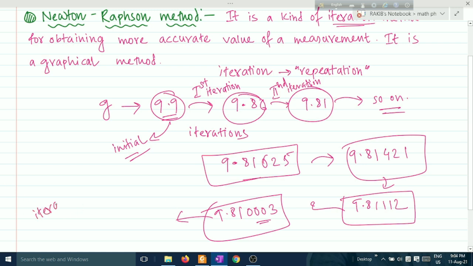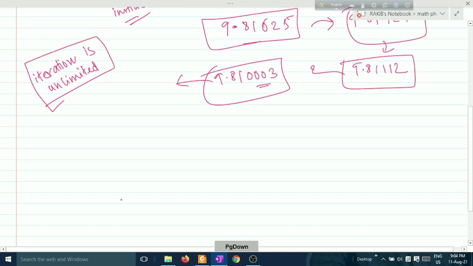Iteration is unlimited. The more iterations are done, the more accurate the result will be, and there will be no extreme accurate point, because you can make a number more correct than you can think.